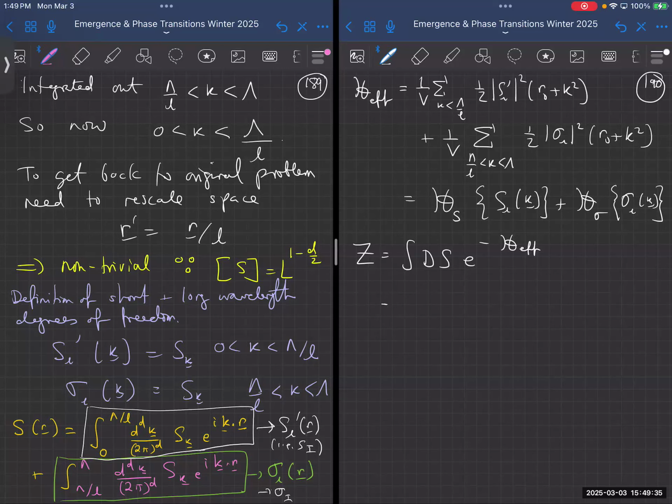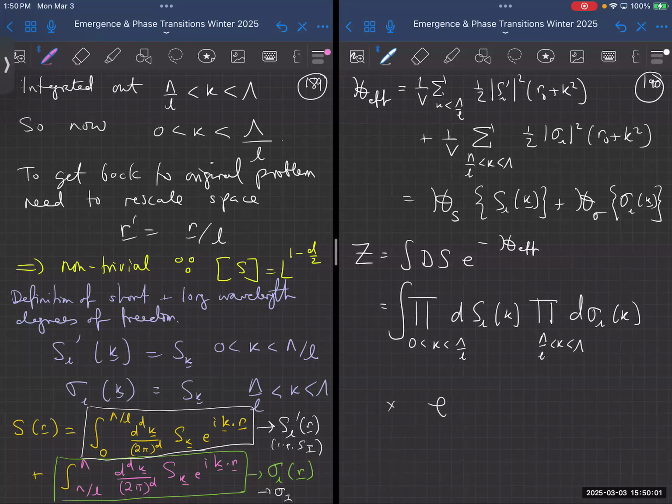What that actually means is the integral over the product over all the k's in the range up to lambda over L, dS L of k, then the product over lambda over L less than k less than lambda, d sigma L of k. And then the integrand is e to the minus H S minus H sigma.